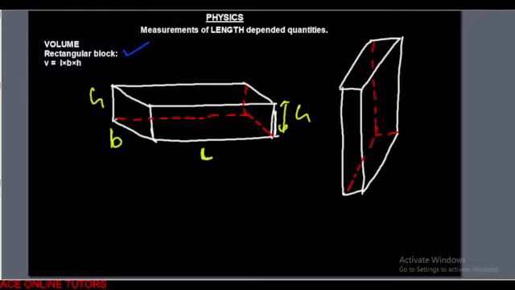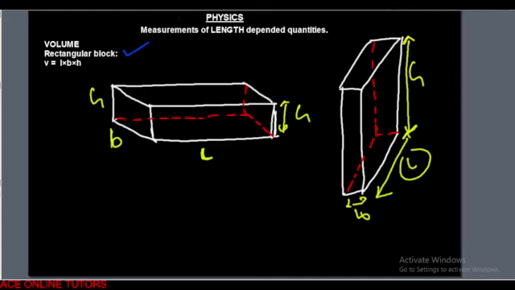so in this case, what am I going to say? I'm going to say this is the height, which is how tall it is from the ground. So this will be the height. This is going to be the length, and this is going to be the breadth. Now look at it. That means that the length and breadth always come from the side that is on the ground. So this is the ground level.